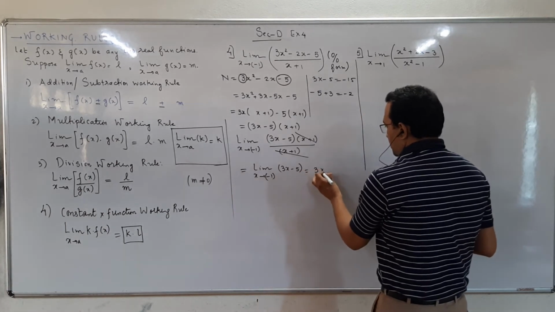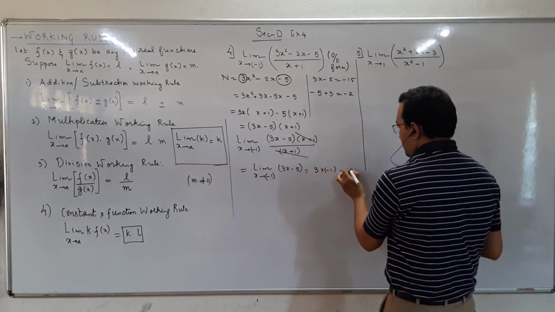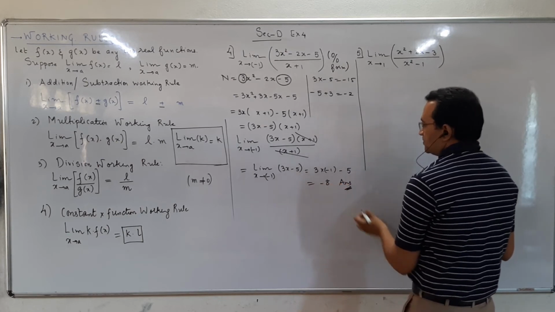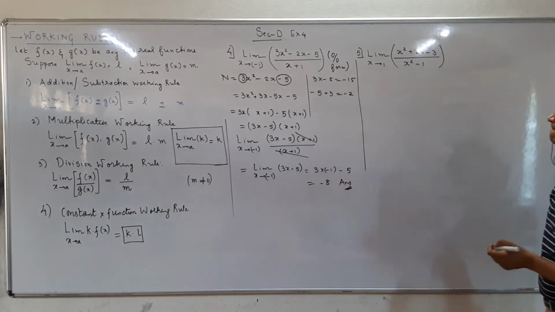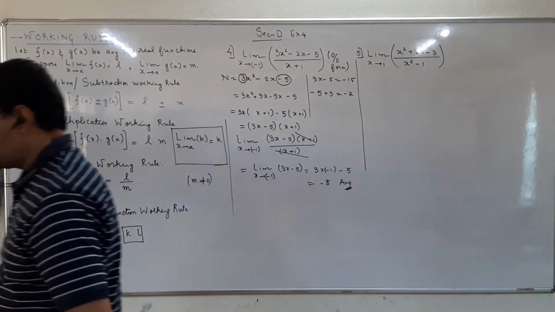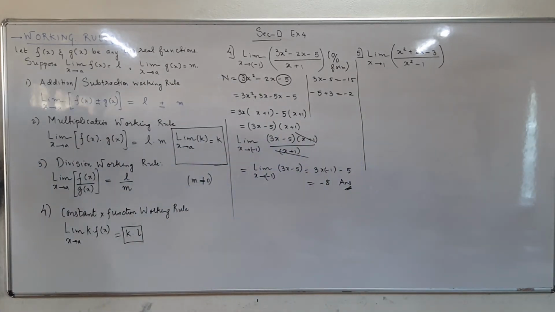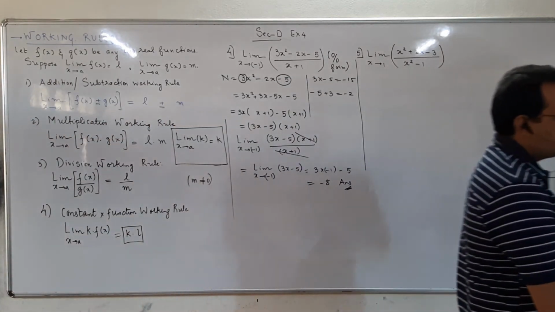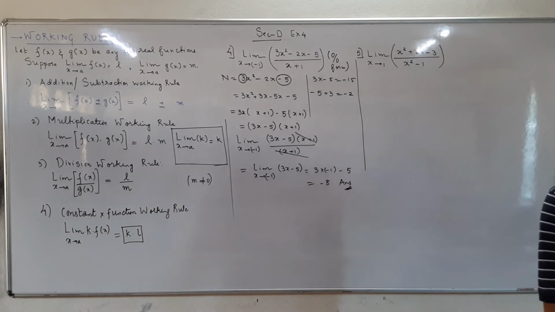So this is 3 into minus 1 minus 5. So the answer is minus 8. So your basic concept of factorization, students, must be very strong here. Otherwise, you may face some problems.